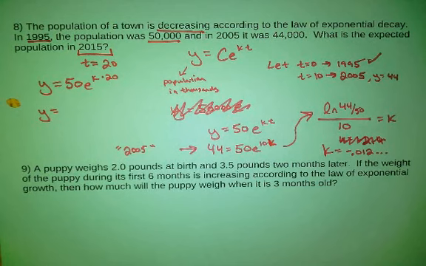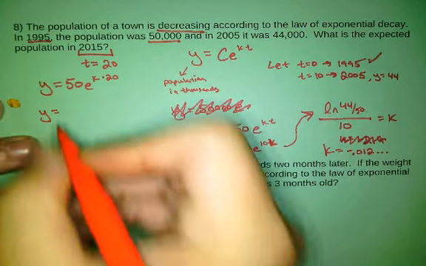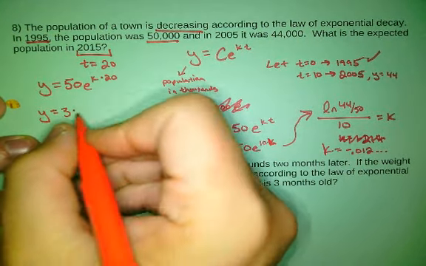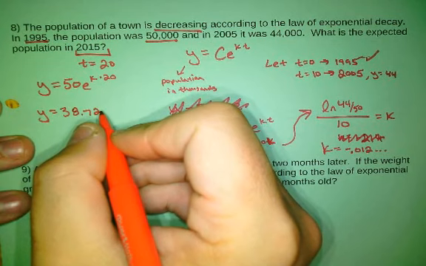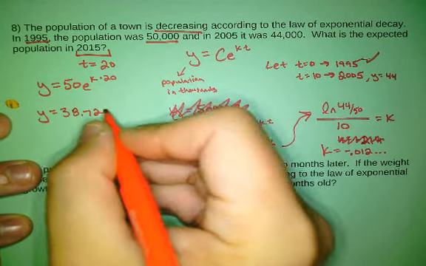Is somebody else doing it, or do I need to do it? 38.7. 38.7 what? It's 719, 720. Okay.